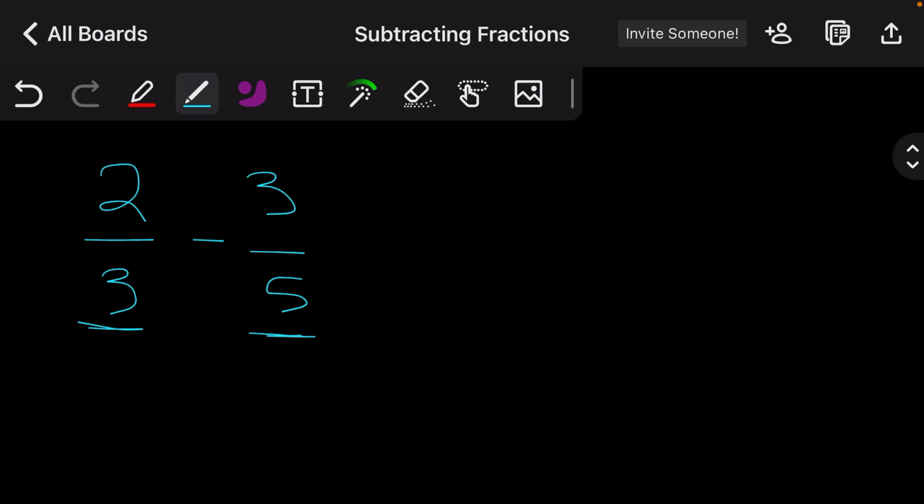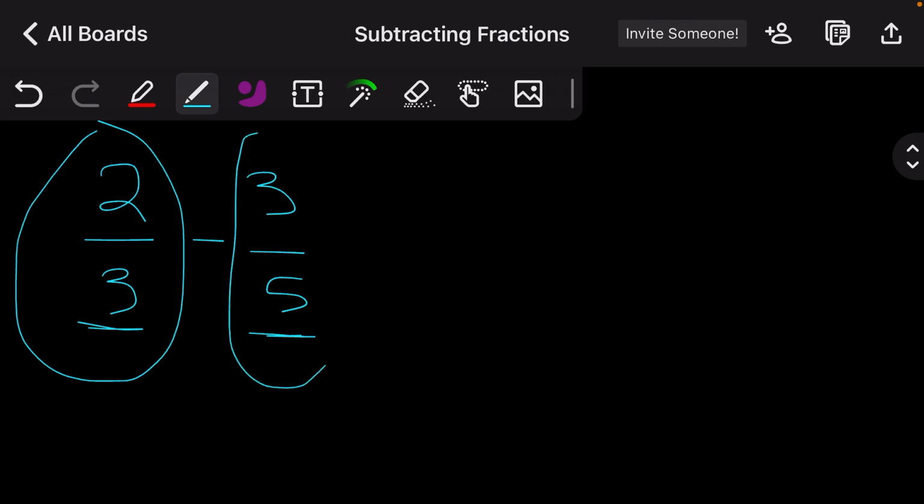So without even looking at the top two numbers, we know that this fraction is going to need some work before we can subtract. This first fraction, 2/3, is cut up into 3 parts, whereas this second fraction, 3/5, is cut up into 5 parts.